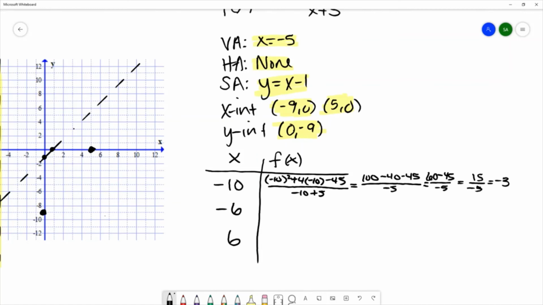Let's do the same thing with the next one. That's -6 squared plus 4 times -6 minus 45 over -6 plus 5. -6 squared is 36 minus 24 minus 45 over -1.